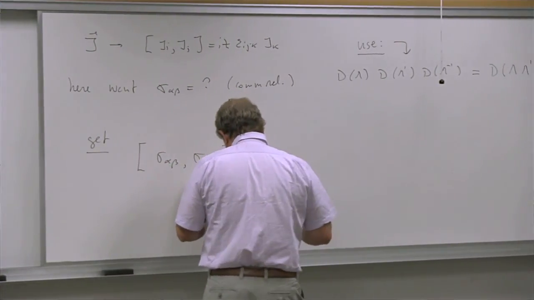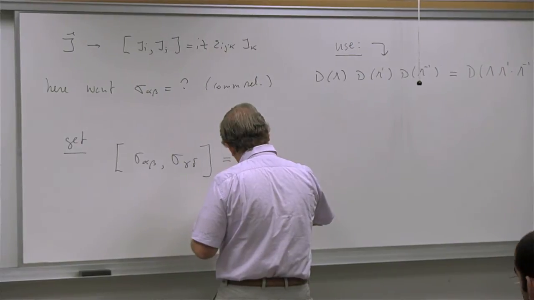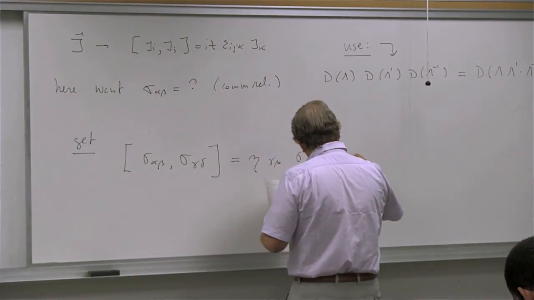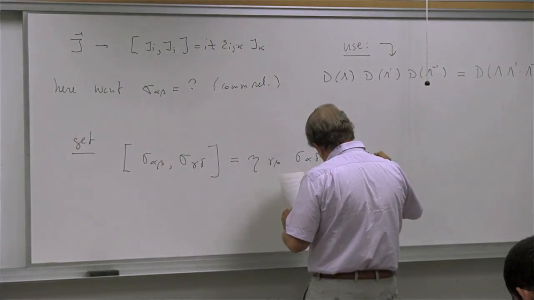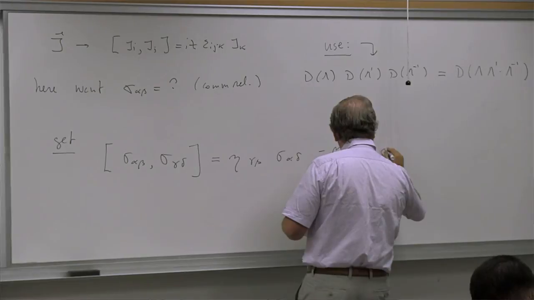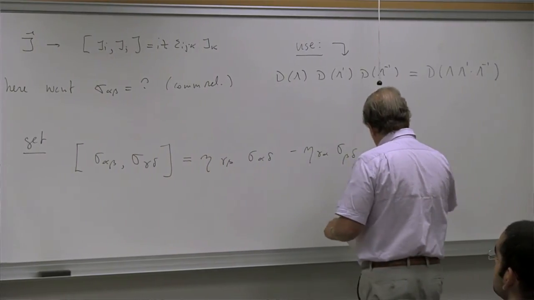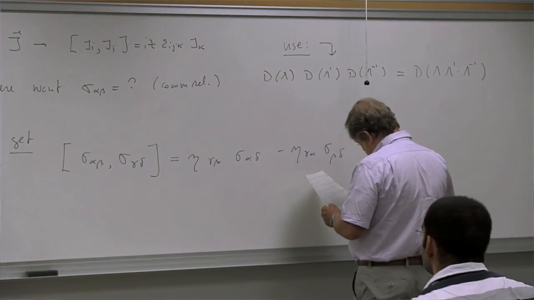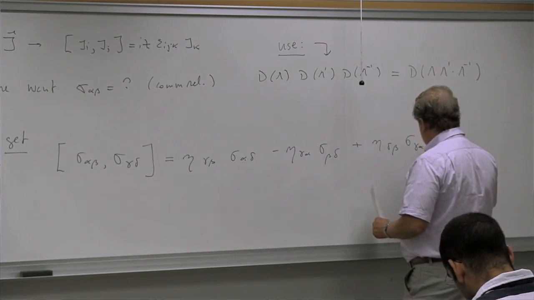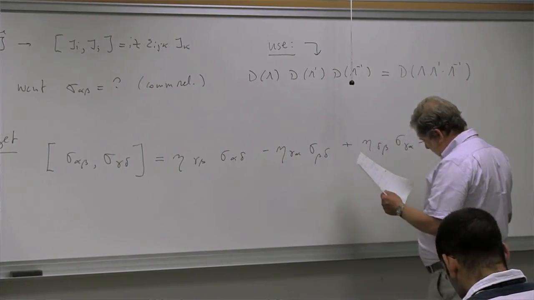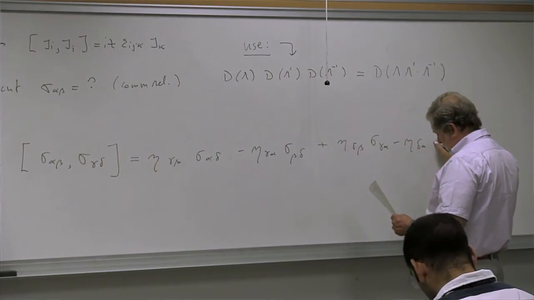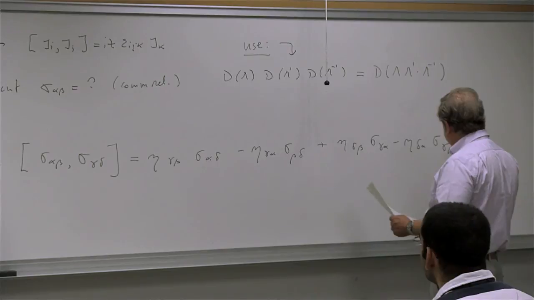So it is eta gamma beta times sigma alpha delta minus eta gamma alpha sigma beta delta plus eta gamma beta times sigma gamma alpha minus eta delta alpha sigma gamma beta.